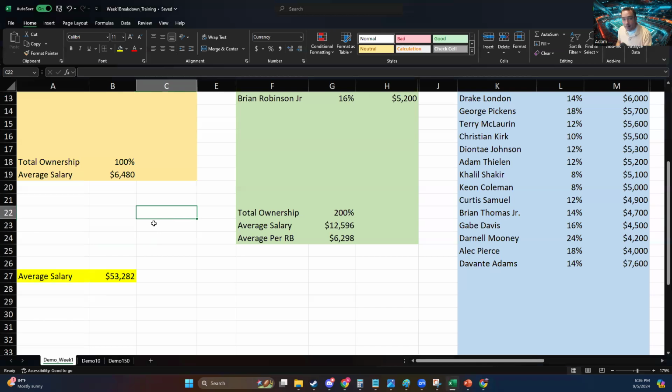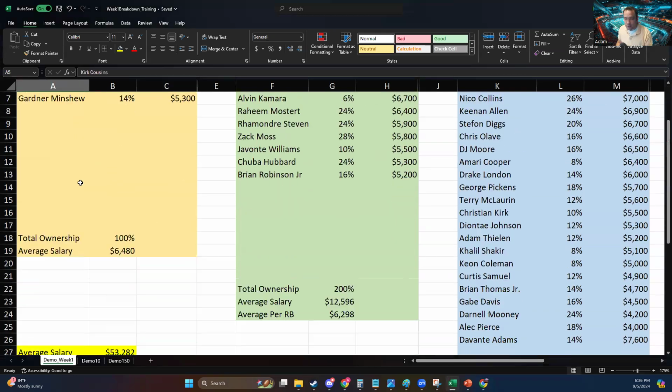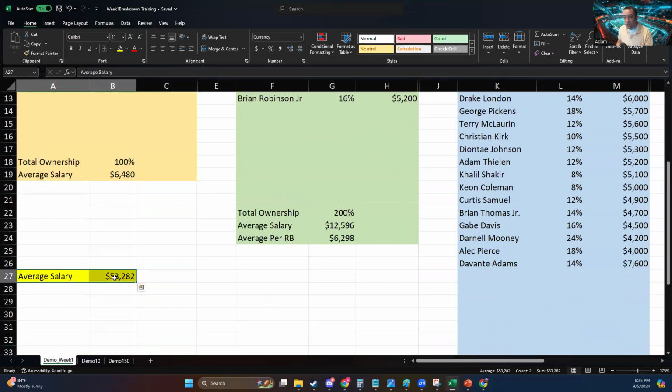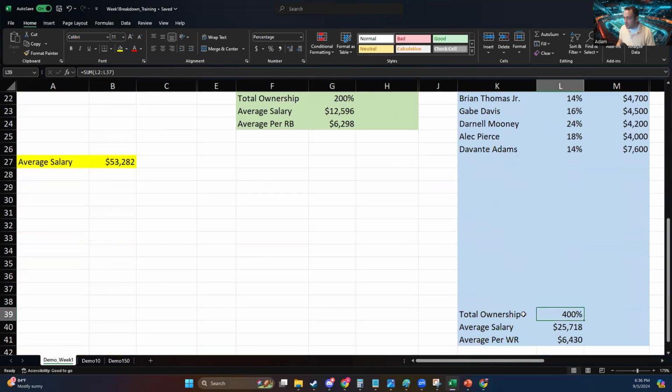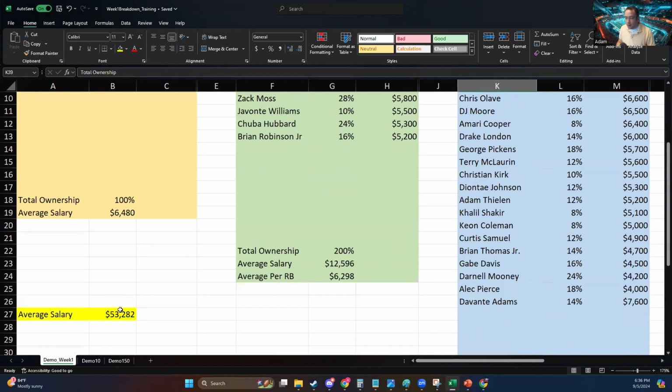This is why if I go to the canvas, this number is so important. Your average salary per roster, given your exposures to each player, averages $53,282 per roster. That's like giving an extra $3,200 per roster.